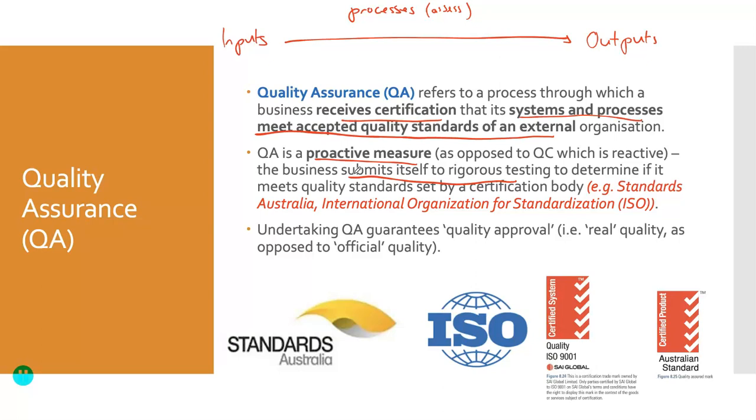For example, Standards Australia or the International Organization for Standardization. Undertaking quality assurance technically, hopefully, guarantees or gives a quality approval, because they have had to prove that there aren't defects already, so they don't need to be picked up, because they've looked at the processes.